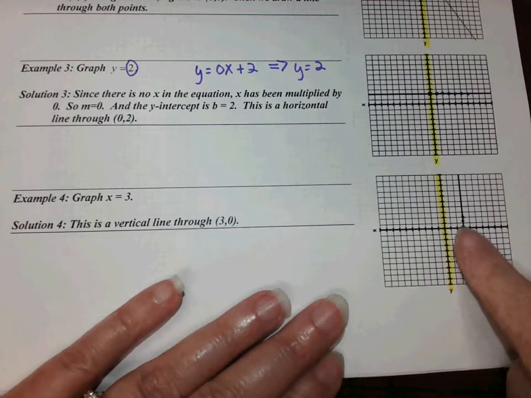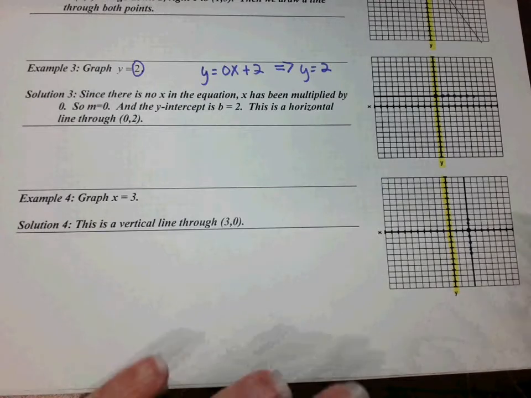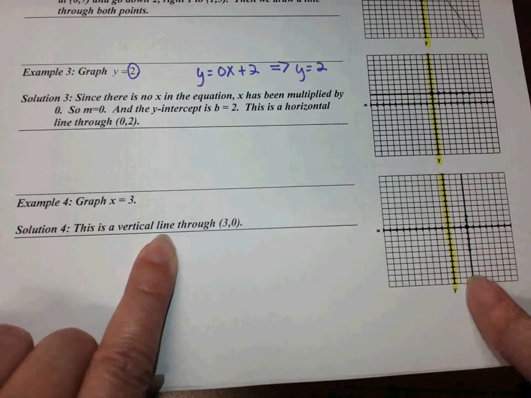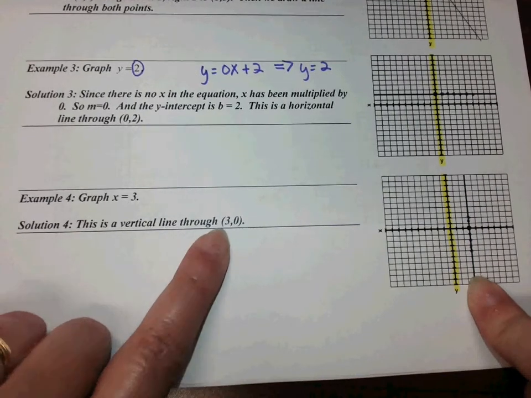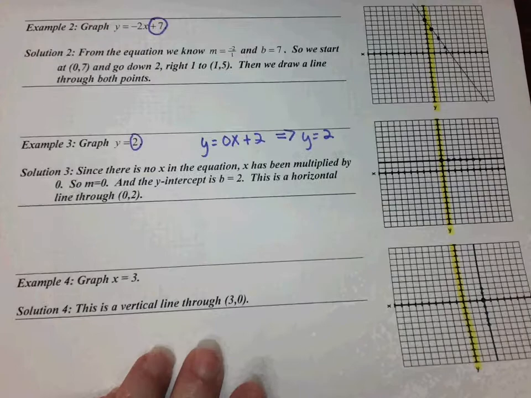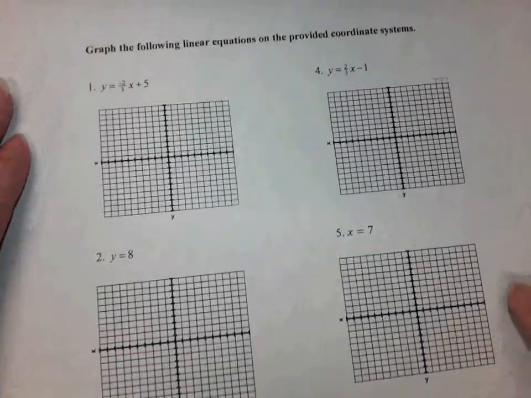No matter where I go on this line, every single x value is going to be 3. So that's why it says here it's a vertical line through the 3 on the x-axis. Okay? All right. So let's do some fast graphing.